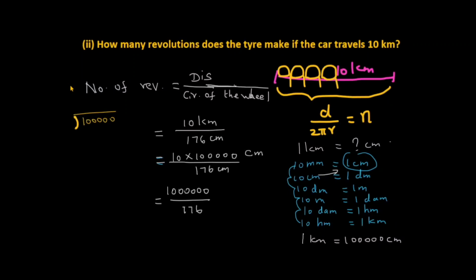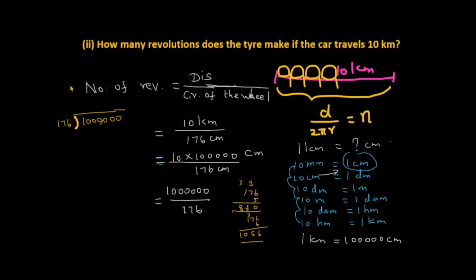When we take 3 digits, 100, we cannot divide, so we take 4 digits. 1000 divided by 176. 176 into 5 is 880. 176 into 6 is 1056.